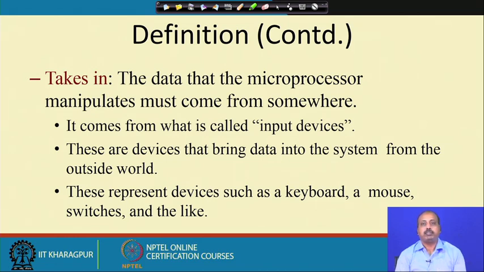This is the interface to the outside world, and the problem is that the outside world is in general analog in nature. Though we are designing digital circuits and microprocessors that operate on digital data, the outside world is analog.